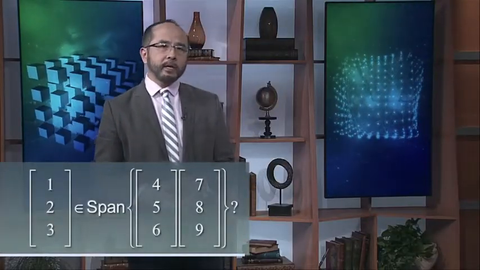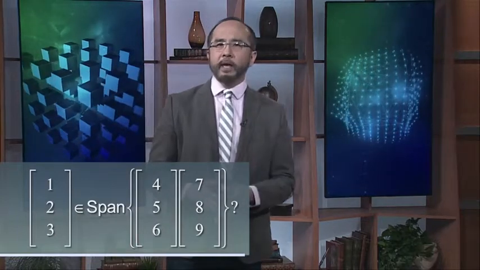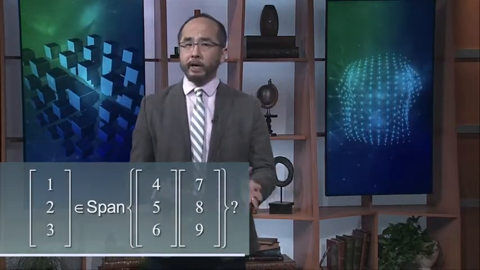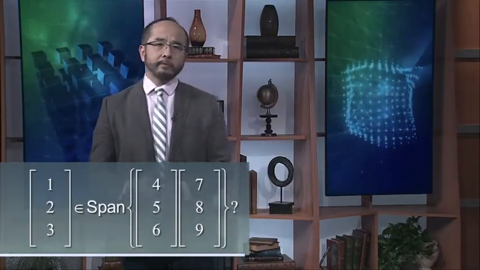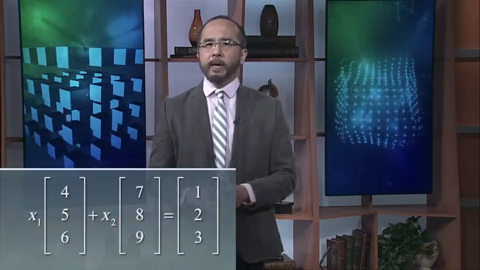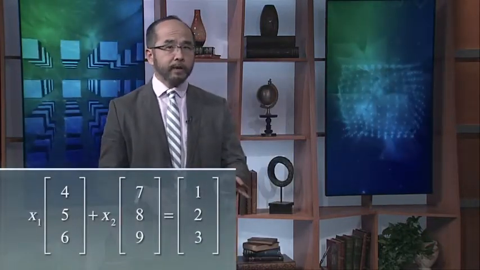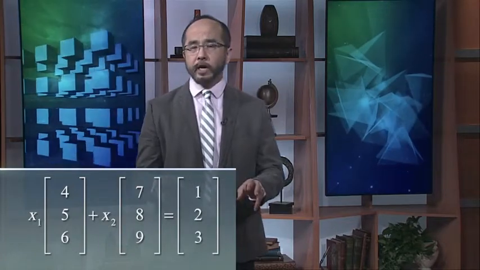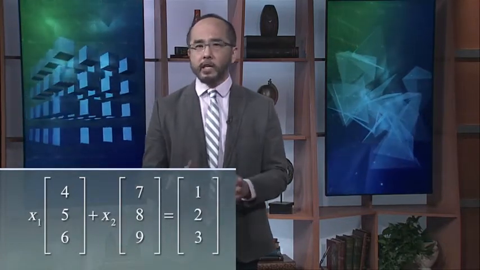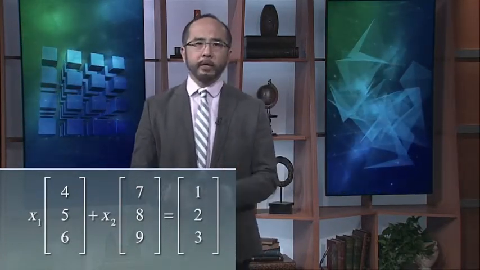For instance, is 1, 2, 3 in the span of the 2 vectors 4, 5, 6 and 7, 8, 9? Asking this question is the same as finding coefficients x1 and x2 to make x1 times 4, 5, 6 plus x2 times 7, 8, 9 equal to 1, 2, 3.